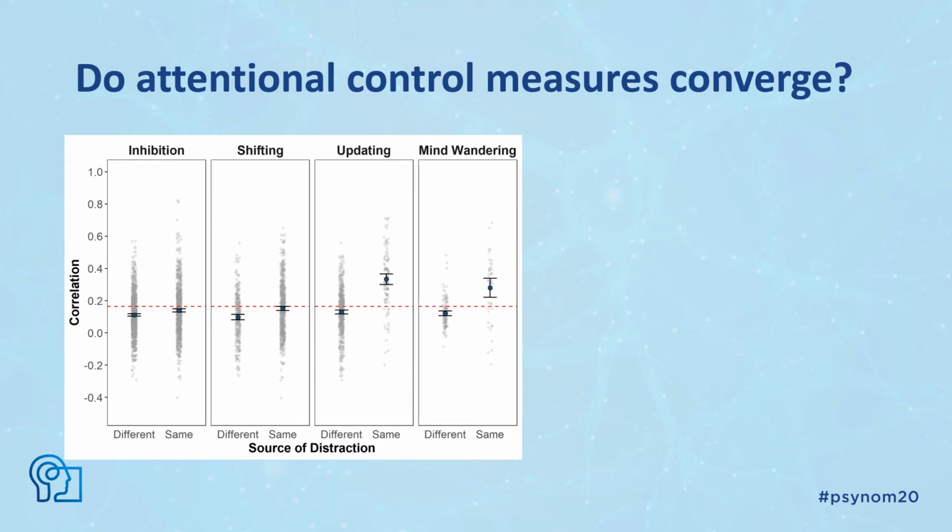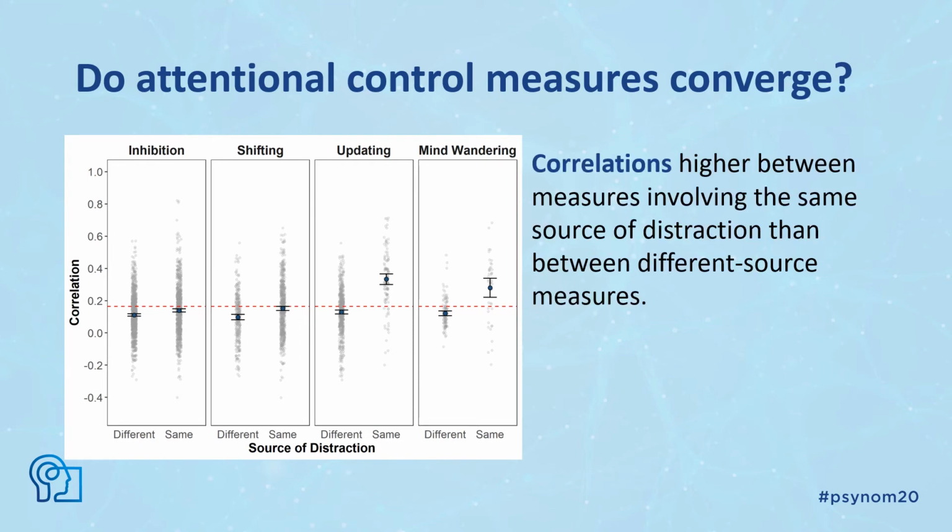So for example, the flanker and the Stroop task, they would both be assumed to assess inhibitory control, but they involve different sources of distraction, as the flanker involves distraction from the environment and the Stroop involves distraction from habits. And what we can see is that across the board, correlations are higher between measures involving the same source of distraction than those correlations between different source measures.